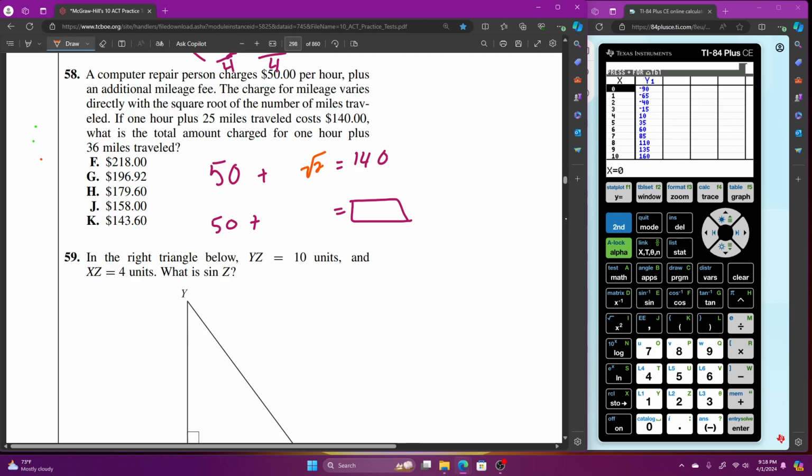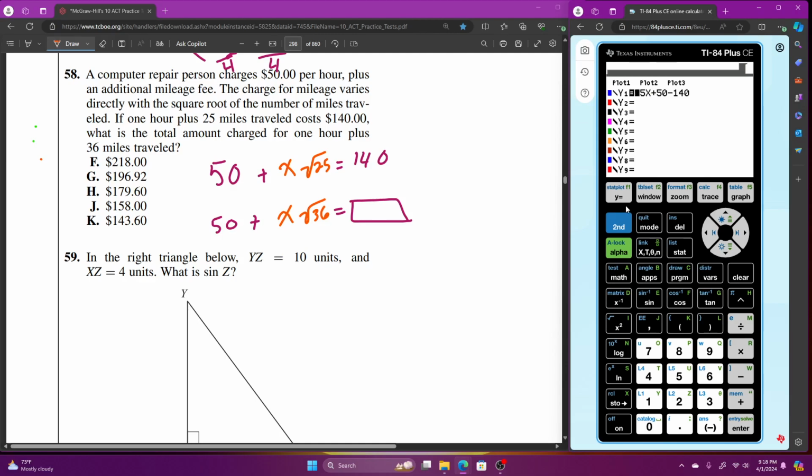Square root of 25 and the square root of 36 times x. Let me look at this. Square root of 25. Delete. X plus 50 equals 140.